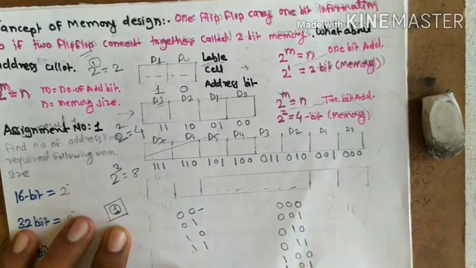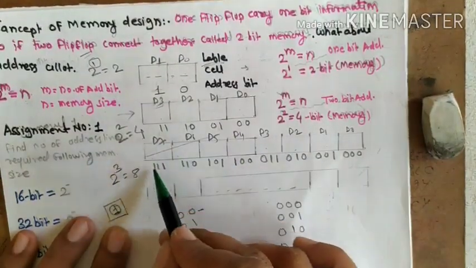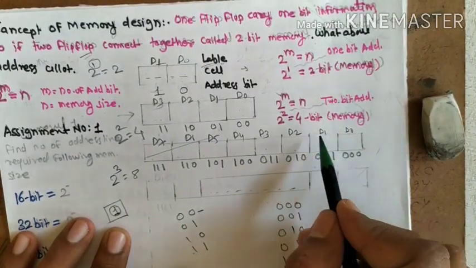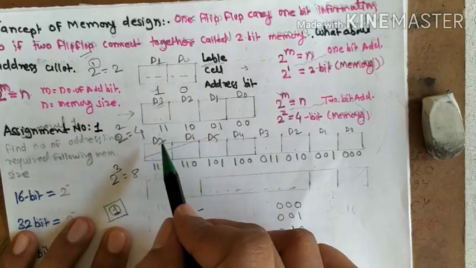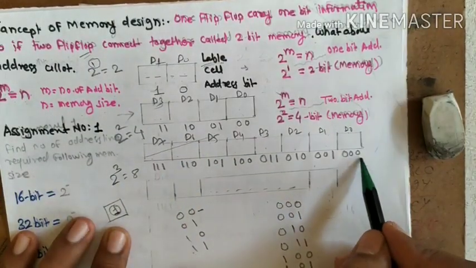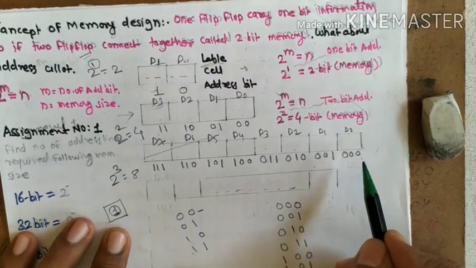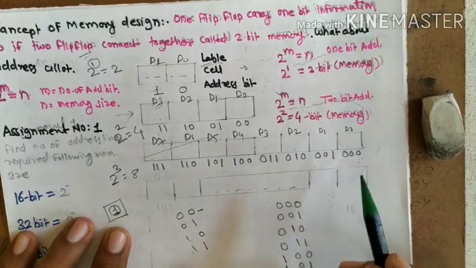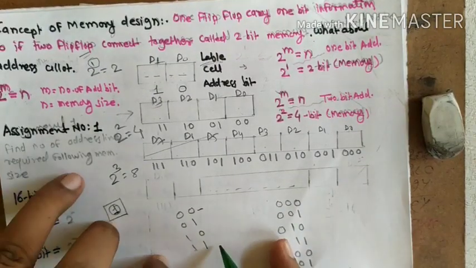So try to understand, this is the 8-bit memory cell and we label it D0, D1, D2, D3, D4, D5, D6, D7. How do we allocate the different addresses? The address must be small in size and a unique, non-repeated address. Okay, so see the last example.